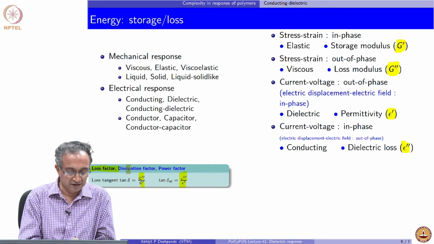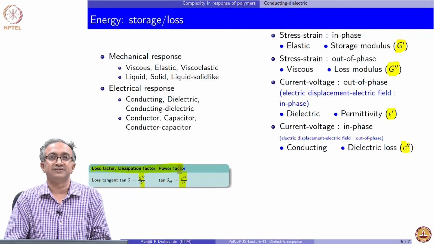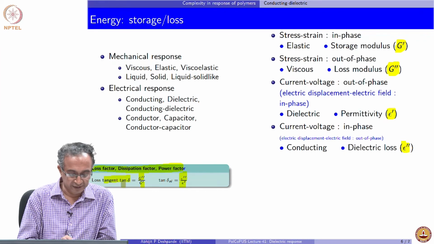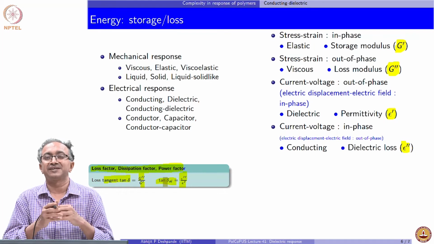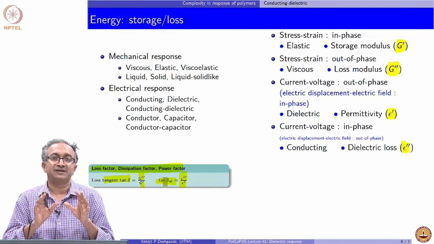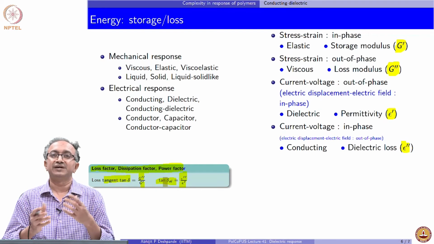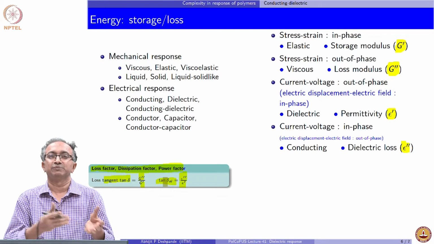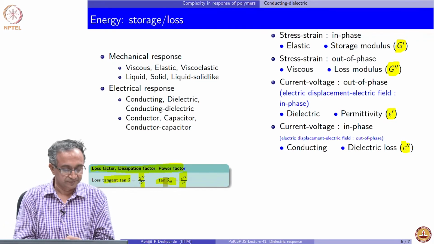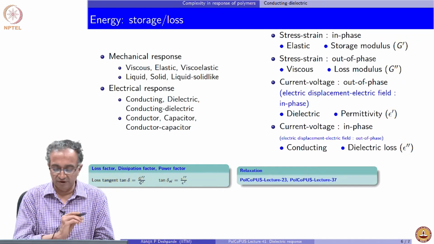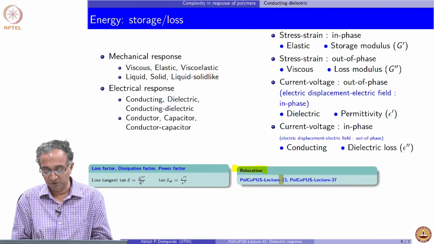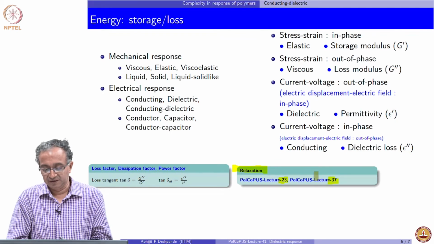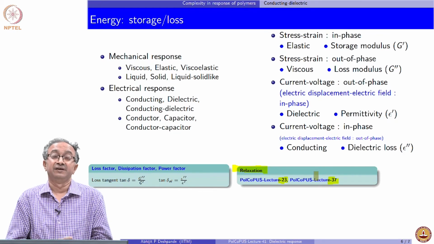These are called loss factors or dissipation factors, and we use them in both the mechanical and electrical domains. So, there is a similarity: when we look at the overall response as a relation between input and output, we can use a similar set of tools for both mechanical and dielectric response. Underlying all of this in polymers is the phenomenon of relaxation, which we have already discussed in lectures 23 and 37.